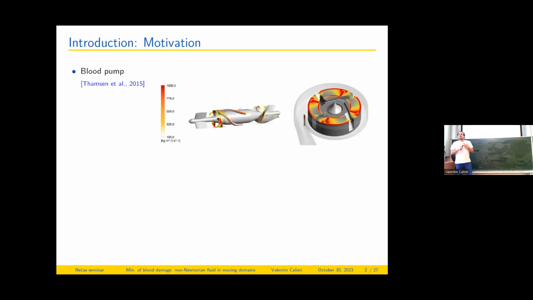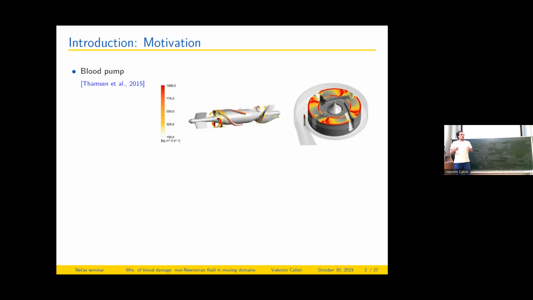Hemolysis is basically the destruction of red blood cells due to high level of stress. You can see on this picture, in these kinds of devices, some zones of high production of hemolysis. Usually they are located near the blade or in places with few spaces for the blood flow.